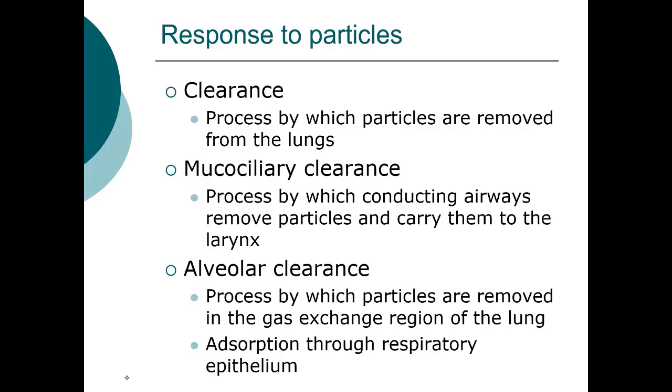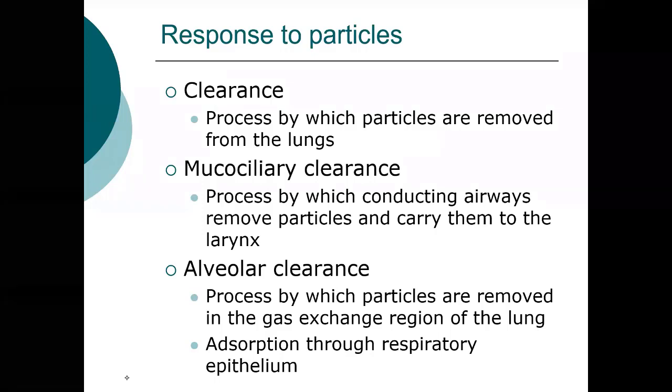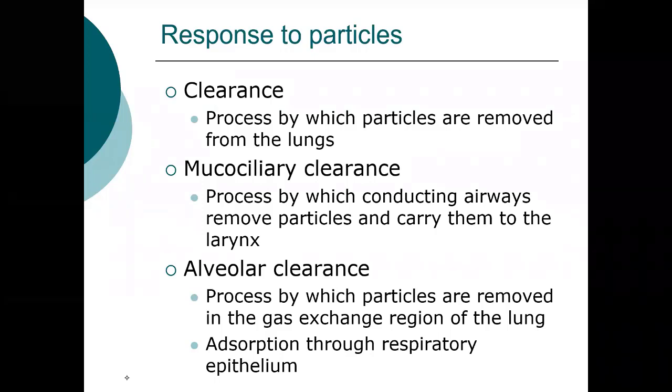Because of that sweeping motion, along with the mucus that coats the cells in the lower respiratory tract, the cilia essentially sweep the particulates out of the respiratory system and carry them to the larynx. There they can be coughed up, so you're removing them by physical means. They can also move into the digestive system.